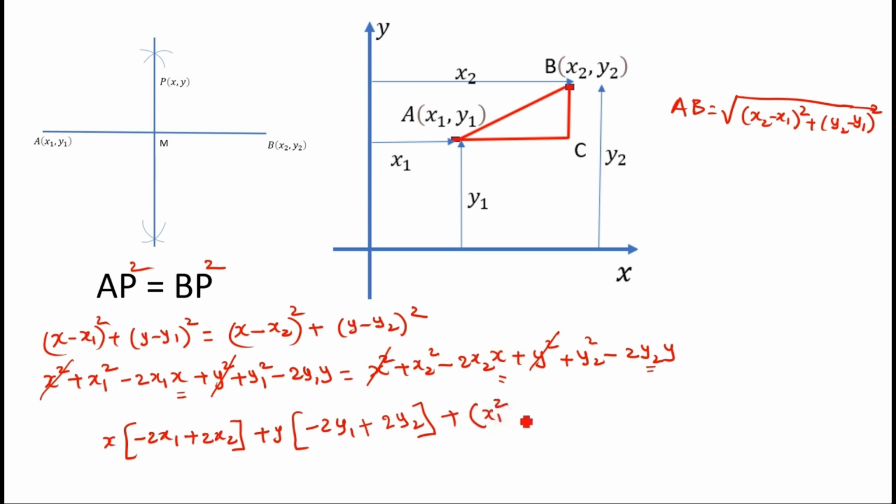So it's x1 square, and when x2 square comes to the left side, it becomes minus x2 square, and so on, equal to 0. If you observe this, it is an equation in the form of ax plus by plus c equals 0. Here x1, x2, y1, y2 are constants, the known points from our setup. What we do not know are the coordinates x and y. If you see the relation between x and y here, it is a linear relationship.